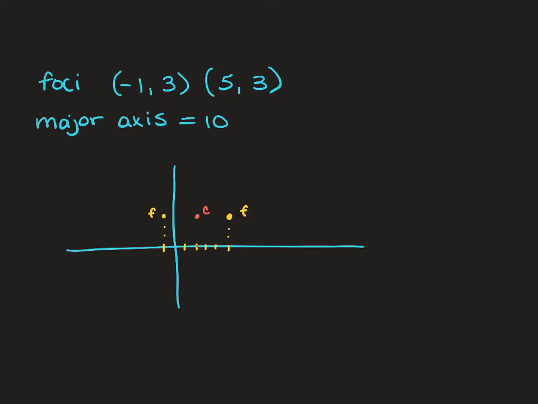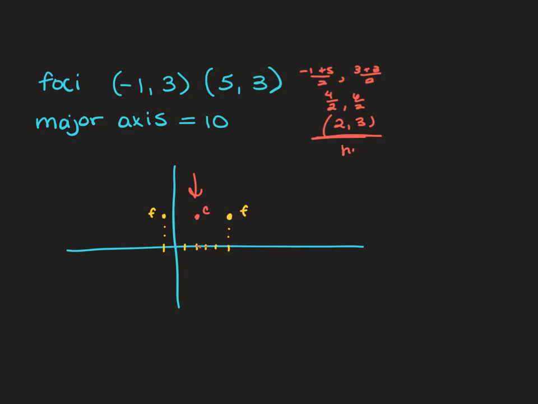I could just count it, or I could do (-1 plus 5) over 2 and (3 plus 3) over 2, which is 4 over 2 and 6 over 2. So that's (2, 3), this point here. Okay, so there's my center.